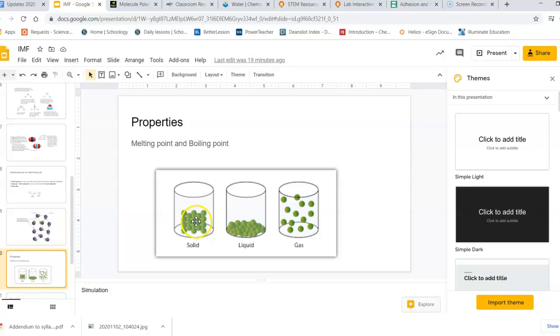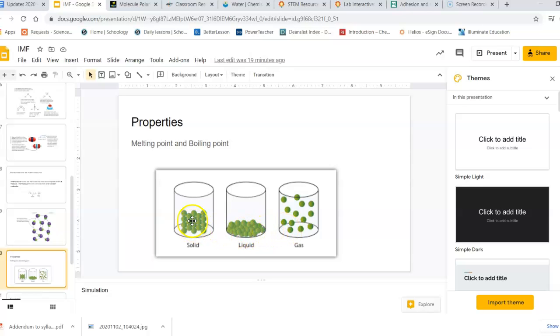Notice that as a solid, it's very structured and very close together, except for water. As a liquid, it's a little bit more spread apart in general. And then the boiling point is between a liquid and a gas. Again, it's the temperature at which this goes from a liquid into a gas.